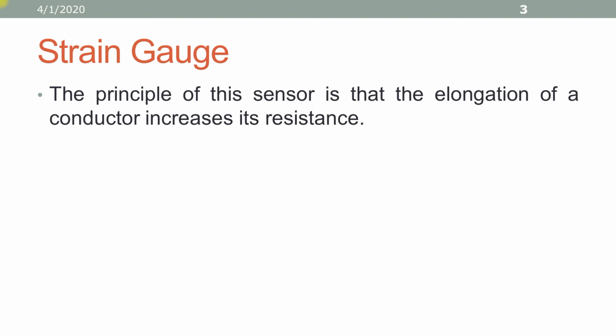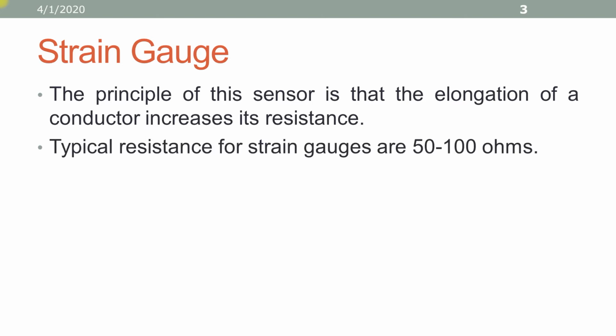When a force or pressure is applied, its resistance will change. That changing resistance, delta R, is proportional to the strain. A typical resistance for a strain gauge is 50 to 100 ohms, very little resistance, and it will change depending upon the force or pressure.